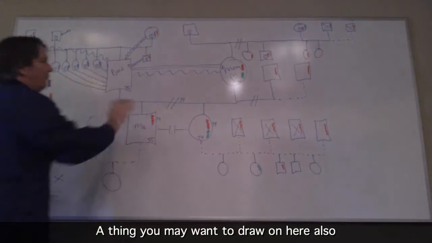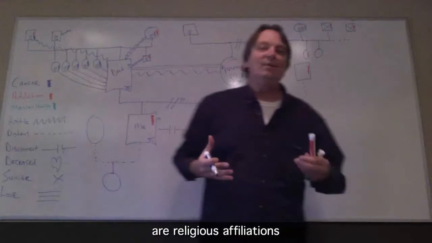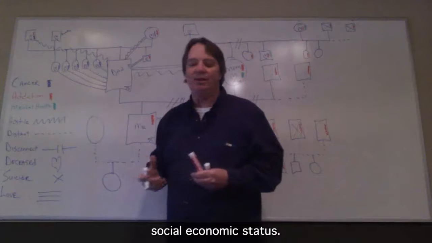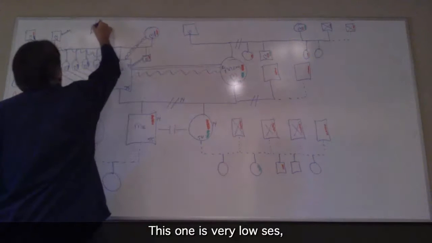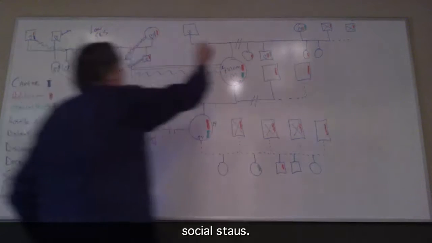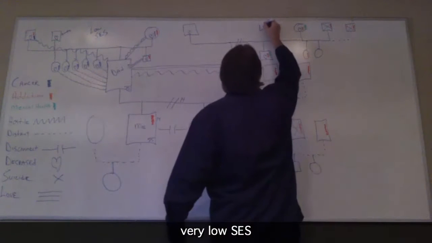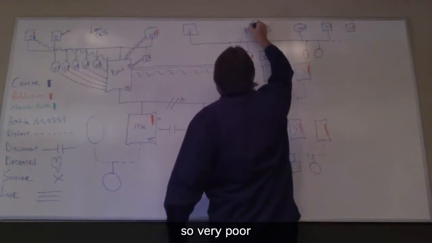The thing that you might want to draw on here also, religious affiliations, socioeconomic statuses. This was very low SES, social status, very low SES. So they were poor.